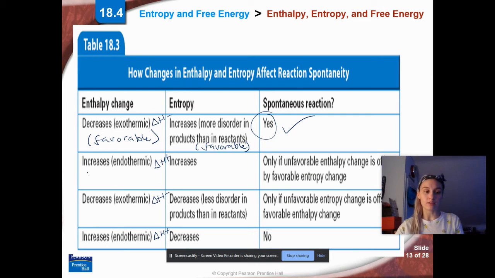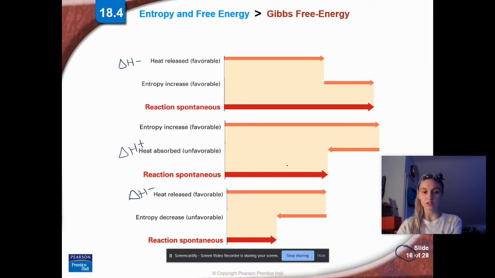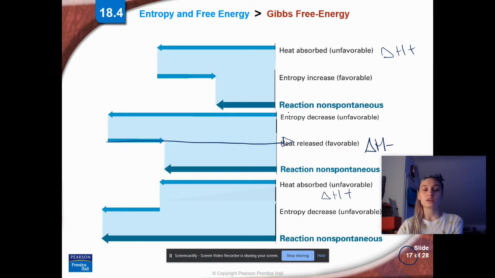Now, what happens if we have an unfavorable, and then increase is favorable. Here we have one favorable and one unfavorable thing. And so remember, just like in these, the favorable has to overcome the unfavorable.